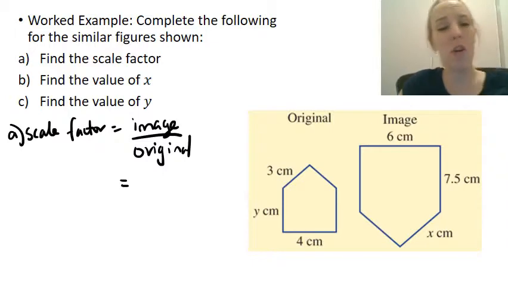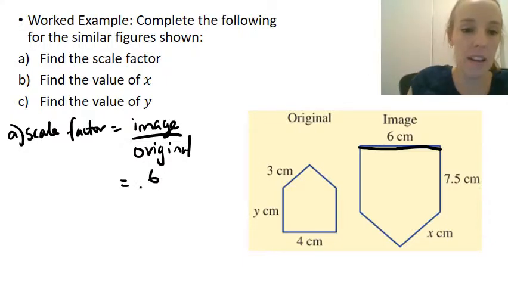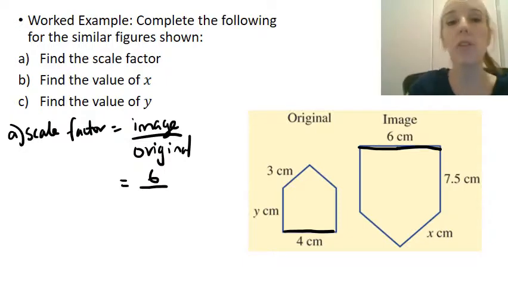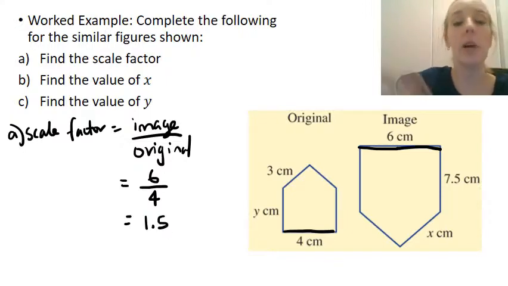So the only one that we've got corresponding values for is the flat base here. So on our image, we've got 6 centimeters, and on our original, it's 4 centimeters. So I'm using these because we've got actual values, not variables for each of those. So it'll be 6 over 4, which is 1.5. So our scale factor for this one is 1.5.